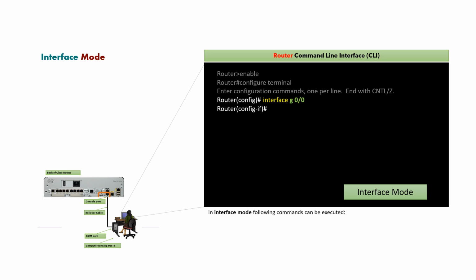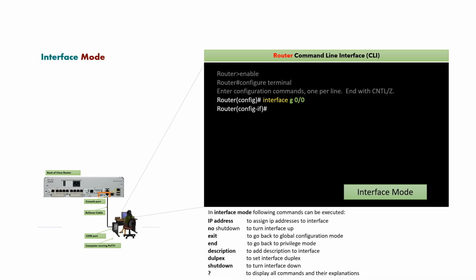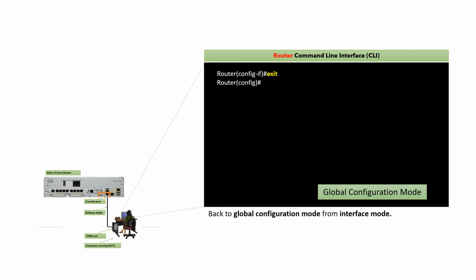Some of the most commonly used ones are IP address, no shutdown, exit, end, description, duplex, and shutdown. In order to go back from interface mode of the router to global configuration mode, type exit, press enter.